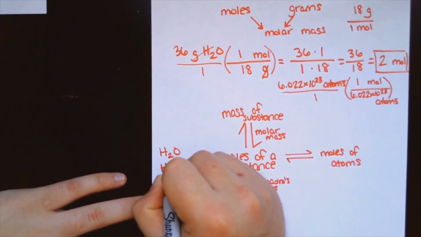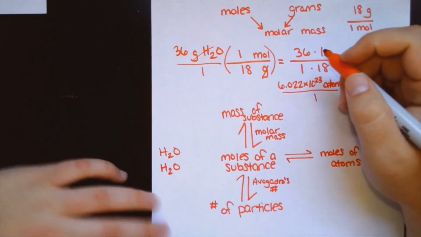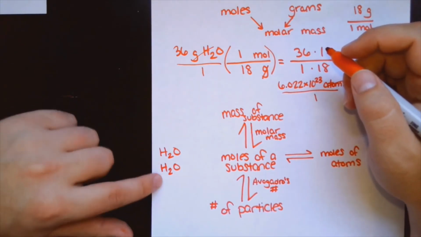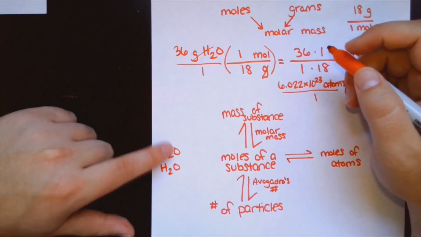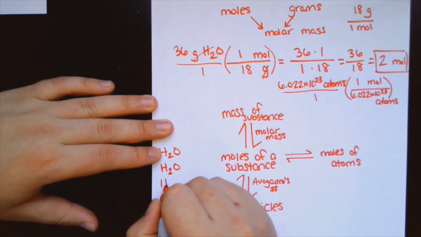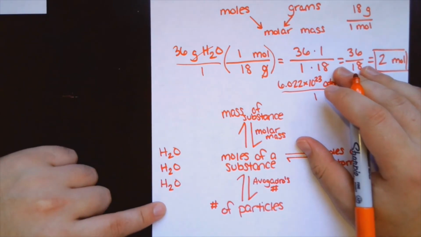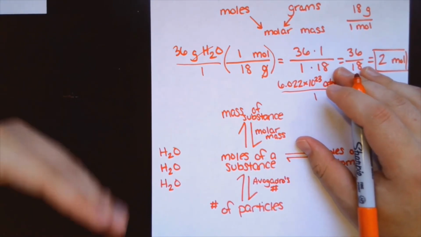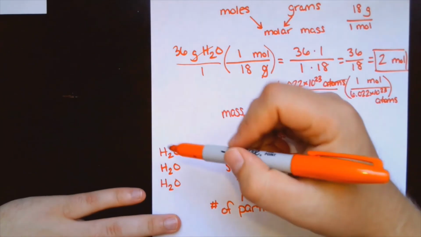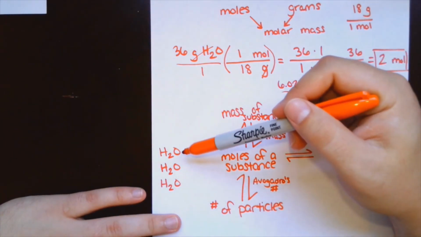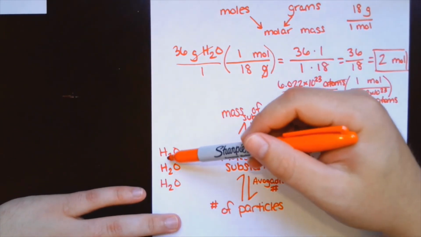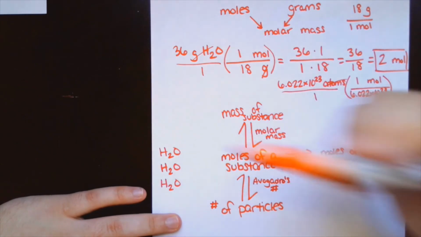If we bring in a second molecule of water, now 2 molecules, we have 4 total hydrogen atoms and 2 oxygen atoms. If we bring in a third, we now have 6 hydrogen atoms and 3 oxygen atoms. So you can see the ratio remains the same constantly, and it's actually just the ratio from the subscript. So for every 1 molecule of water, we have 2 hydrogen atoms, 1 oxygen atom.